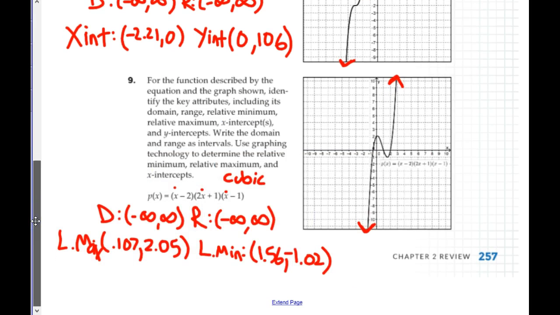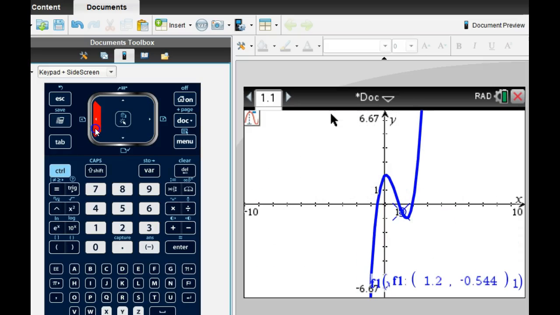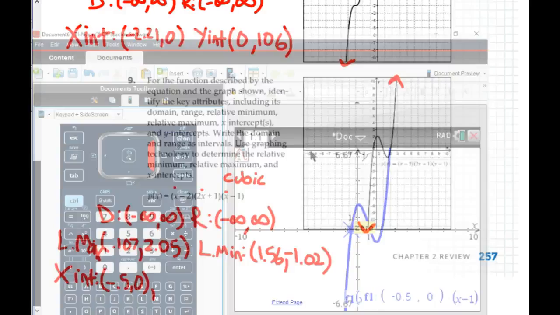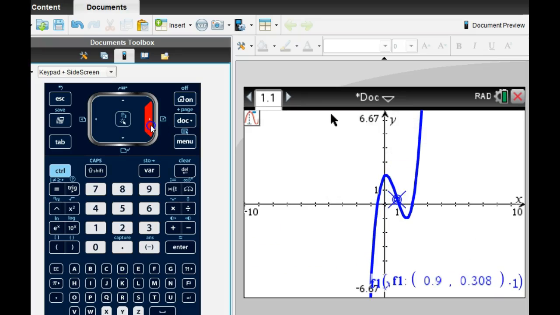What else? X-intercepts and Y-intercepts. Let's find these X-intercepts. There's 3 of them. Negative 0.50, 0. There's 1. Keep going until it crosses again. 1, 0.